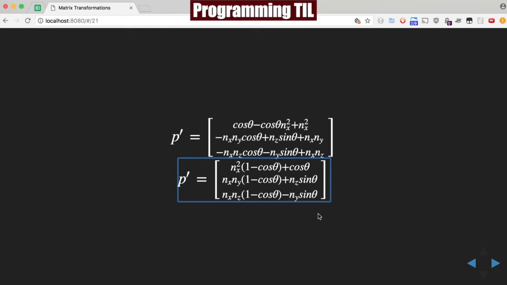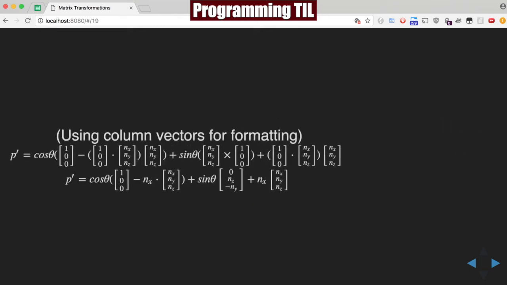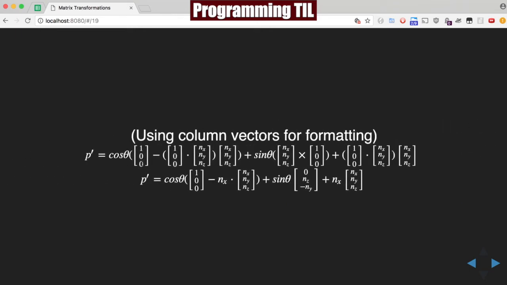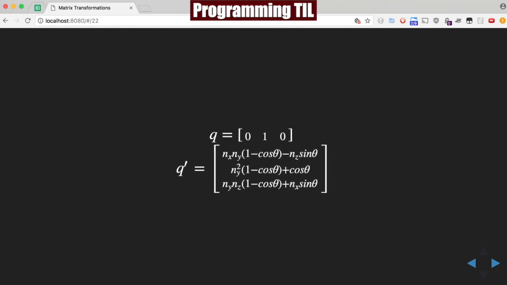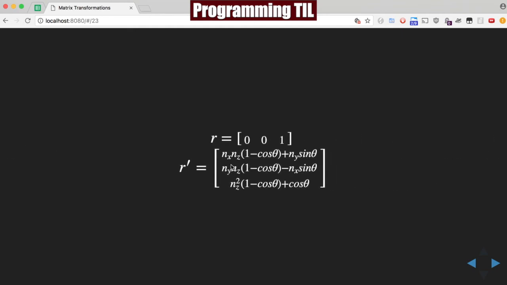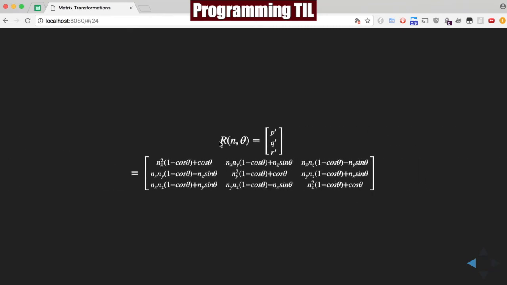You can do the exact same formulas with q and r with 0, 1, 0 and 0, 0, 1 and figure out what those are each going to be. I've done the work for you here, so this is your result for q, and this is your result for r, so that's r prime and q prime respectively. And finally, since you have p prime, q prime, and r prime, we have our matrix here, which are those values.